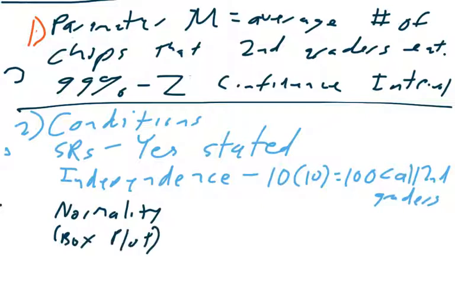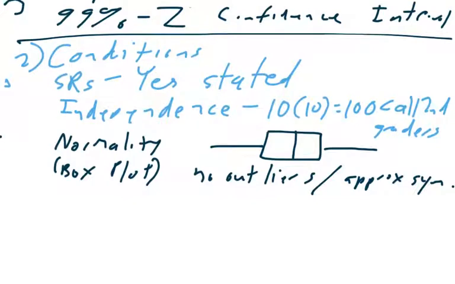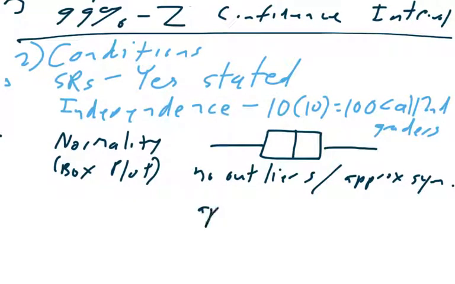When I do a box plot on my calculator, it looks like this, which means we have no outliers, and it is approximately symmetric. Therefore, we're going to say approximately normal.